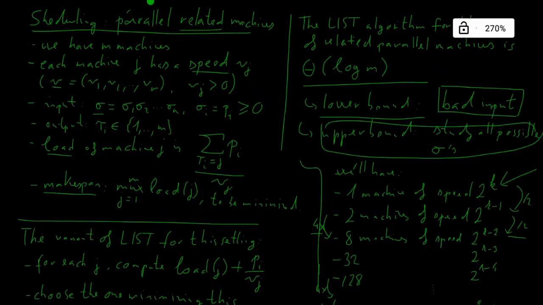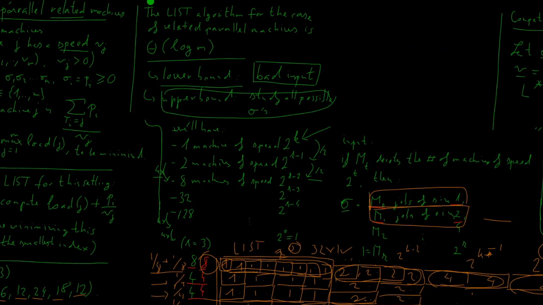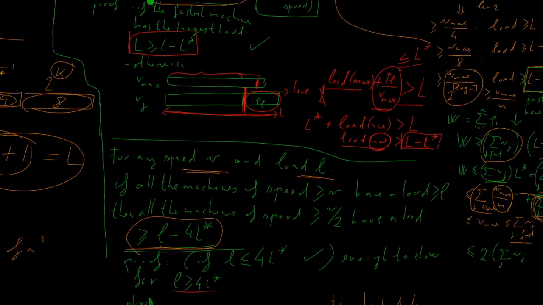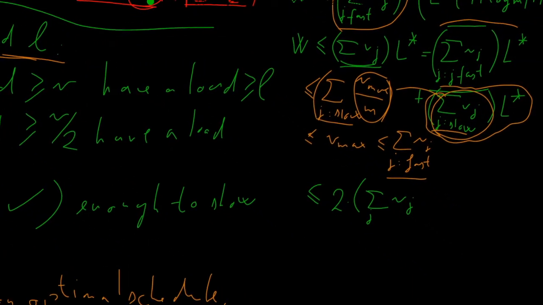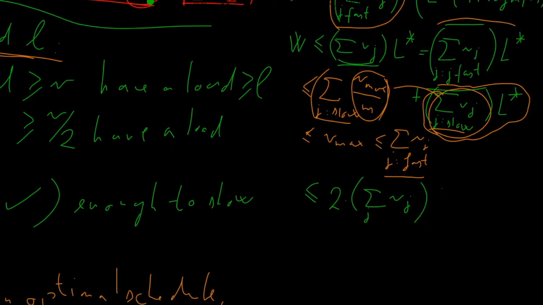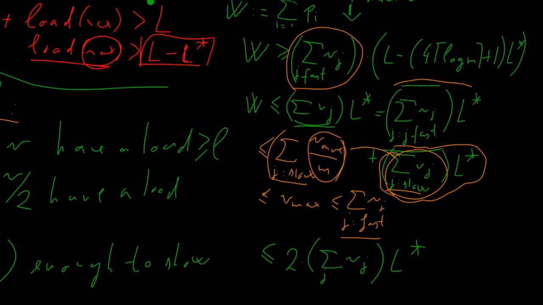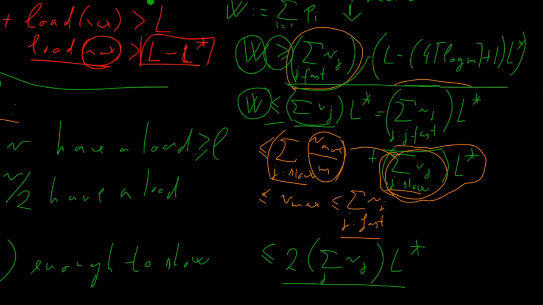I'm just tracing this back, and I will have the total speed of the fast machines. So I have 2 bounds right now. For this W, it is at most 2 times the total speeds of the fast machines times L star, and it's larger than the product of the speeds of the fast machines times this amount.